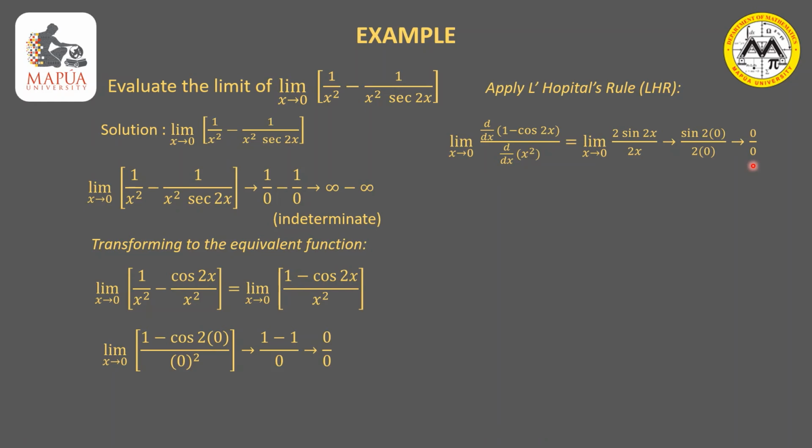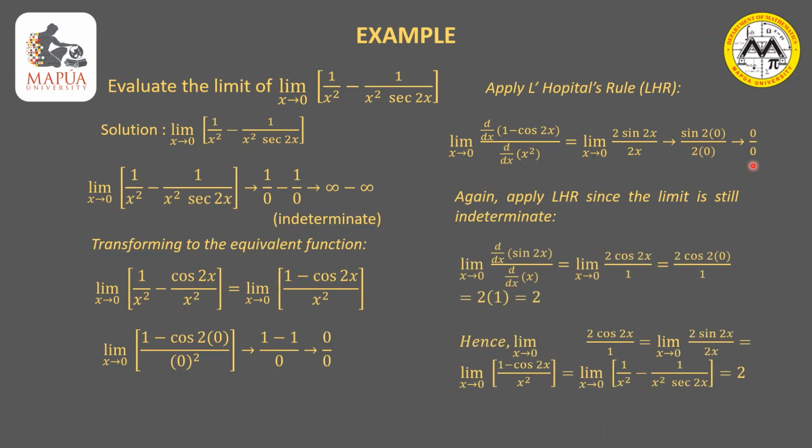Now remember, we said last time, for as long as the limit of a ratio is an indeterminate form, you can always apply L'Hopital's rule. So here we apply L'Hopital's rule the second time, and we work with the limit as x approaches 0 of the derivative of sine of 2x divided by the derivative of x.